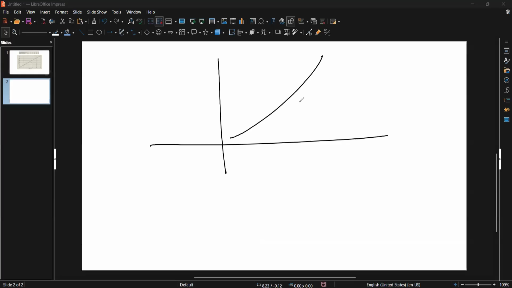All right, let me make the curve more pronounced. Maybe like that, you know? And you want to know the instantaneous velocity at this point here, right? You want to know what's the velocity here, at this exact point, P.